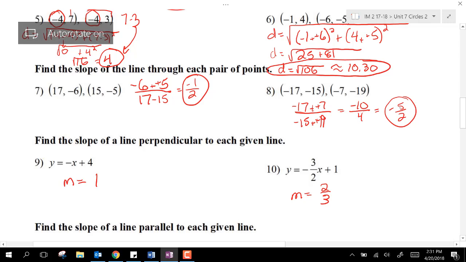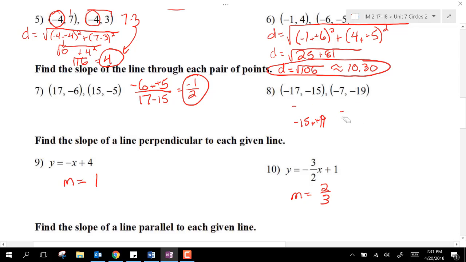So instead of negative 5 over 2, it'll be 2 over 5. See, those should be switched. Let me switch those real quick. So y's always go on top. Negative 15 minus negative 9 over negative 17 minus negative 7 equals.